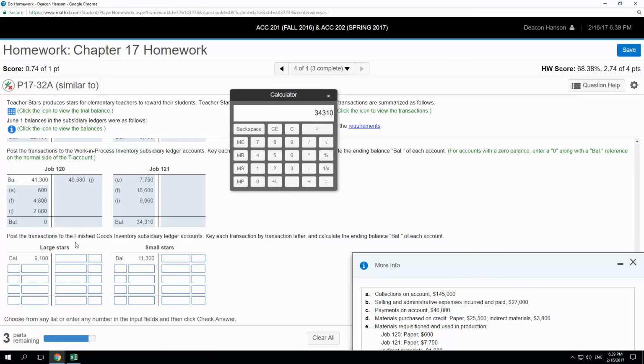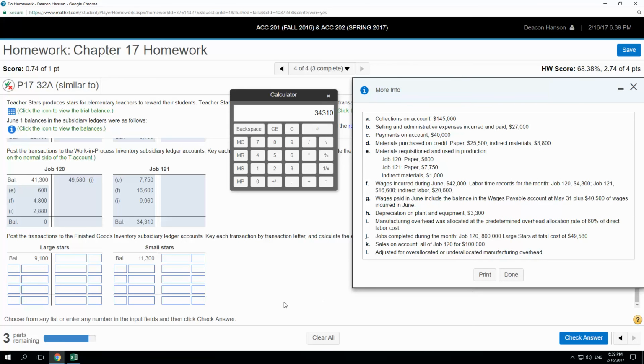Post the transactions to the finished goods inventory subsidiary ledger account. Key each transaction by transaction letter and calculate the ending balance of each account. Okay, so let's see. Large stars and small stars. So completed, jobs completed during the month. Job 120 was 800,000 large stars at a total cost of 49,580.